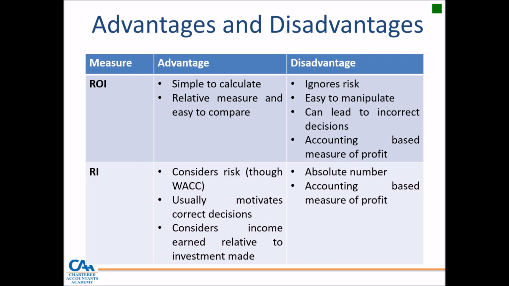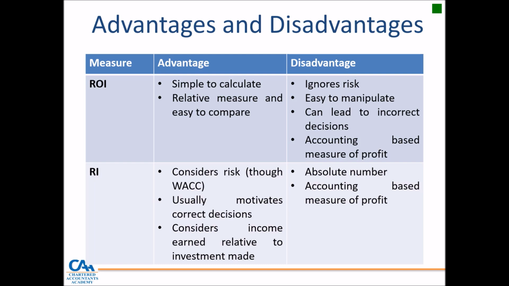So it is easy to manipulate, especially if it is hinged on a decision. So in line with that, an entity can make an incorrect decision. If a manager manipulates the return on investment, the entity as a whole might end up making an incorrect decision.